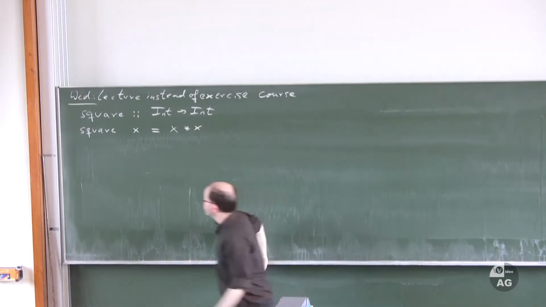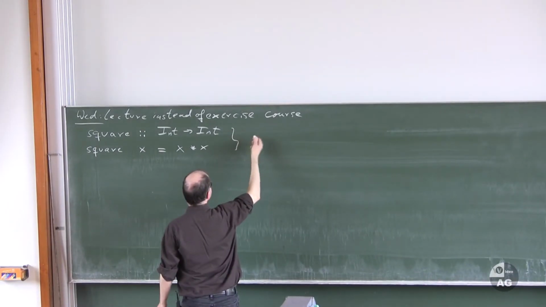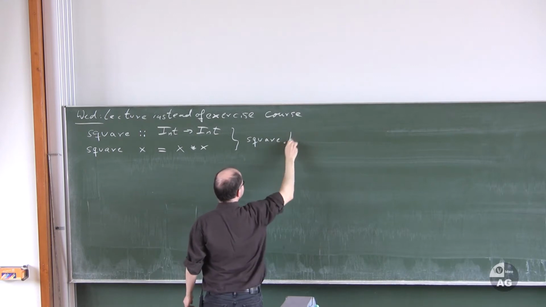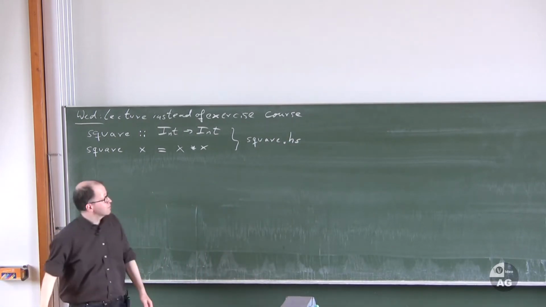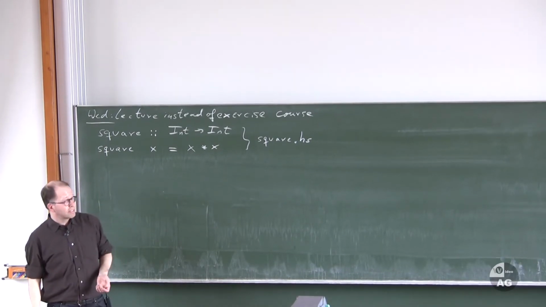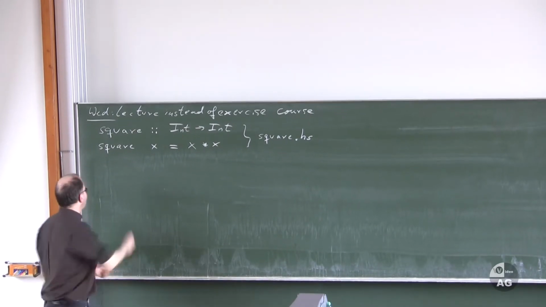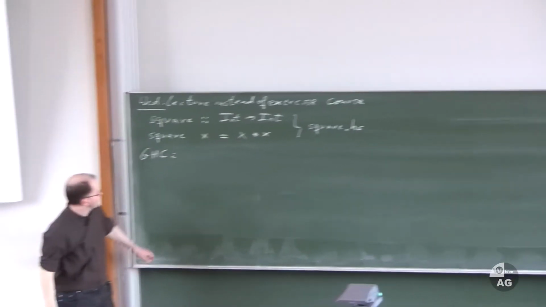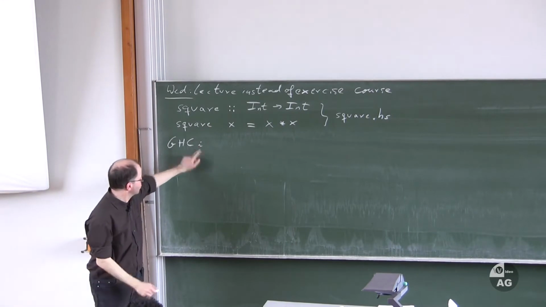So you can type this in and save this in some file called square.hs for Haskell, and then you can try to execute this program. You can start your favorite Haskell compiler or interpreter, and our favorite is GHC, the Glasgow Haskell compiler in its interactive mode.